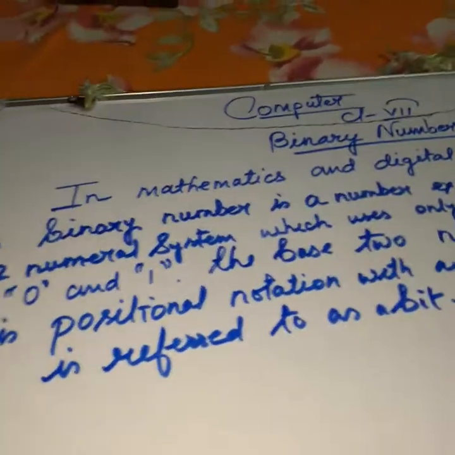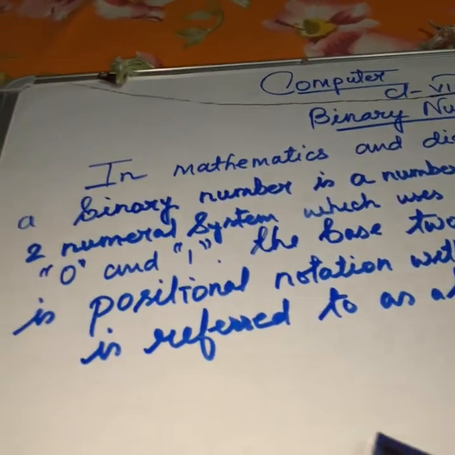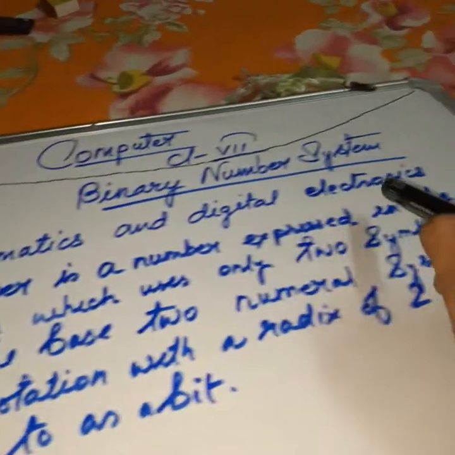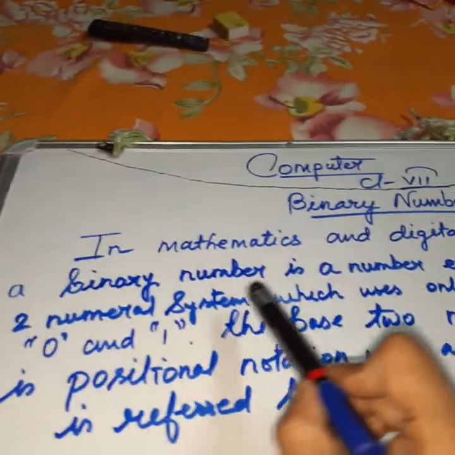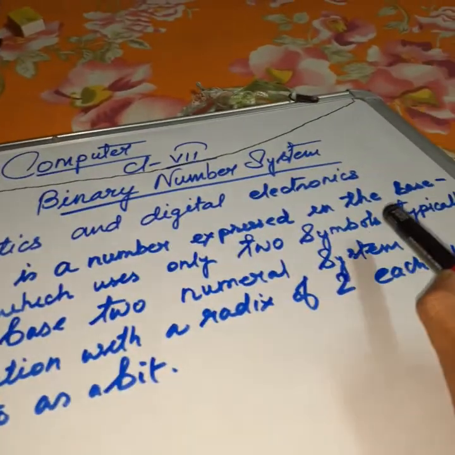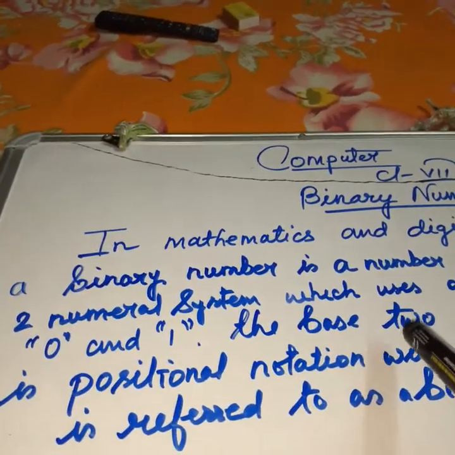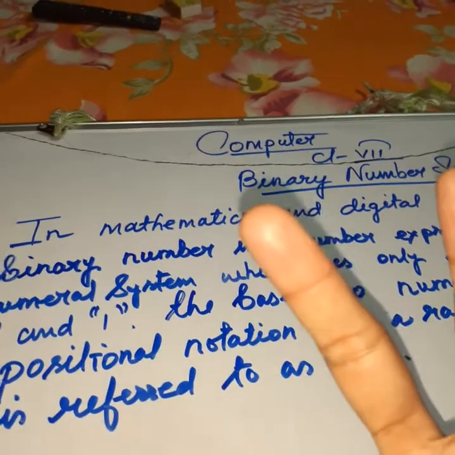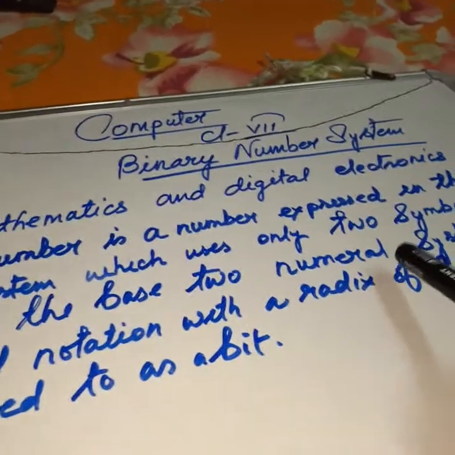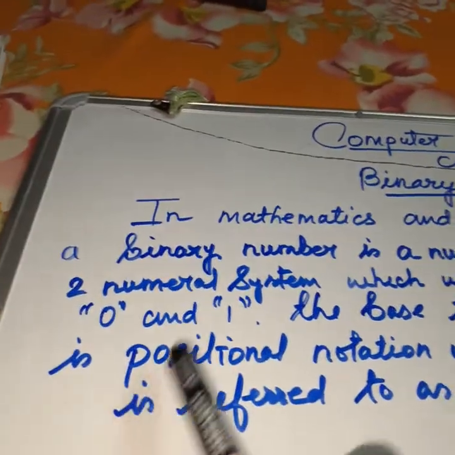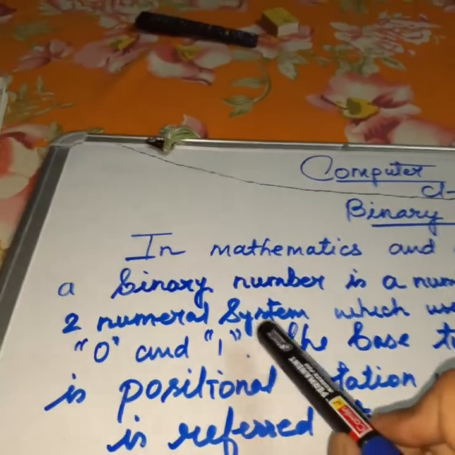Now what is the binary number system? Again I am teaching you, so now it will be easy for you to understand. In mathematics and digital electronics, a binary number is a number expressed in the base 2 numeral system. Now in the computer binary system we are using only two numerals, zeros and ones.